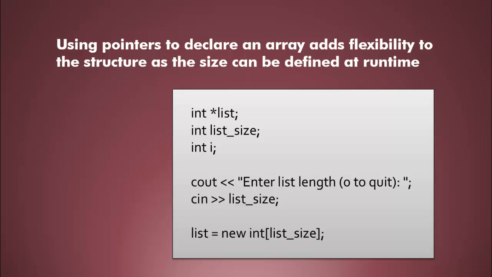So we're going to ask the user, tell me how big you'd like this list to be. They give us a number, hopefully greater than 0. We would error check that. And then we go and declare the array. Once we've declared that, we operate on it just like it was a static array.